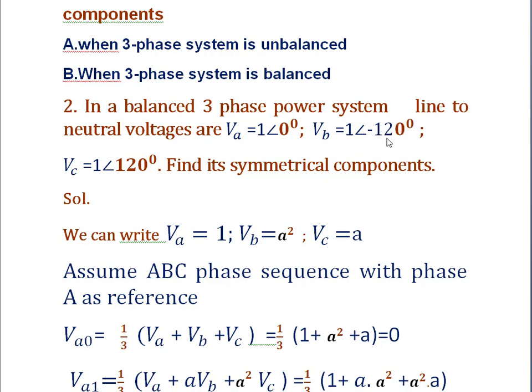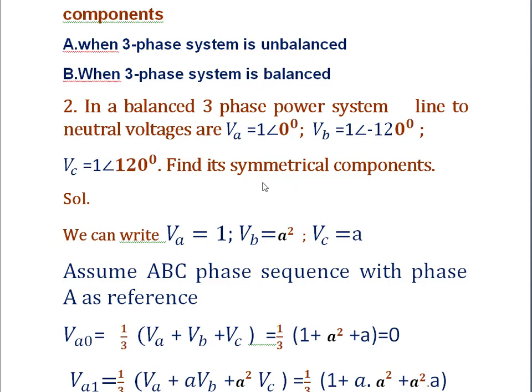This minus 120 degrees we can represent as a square. So VB is equal to a square. Similarly, VC is equal to 1 at an angle of 120 degrees. This 120 degrees we can represent as a. So we write VC is equal to a, meaning 1 at an angle of 120 degrees.